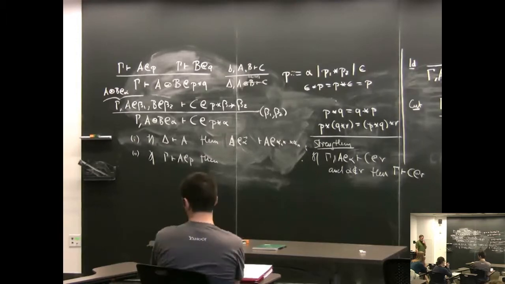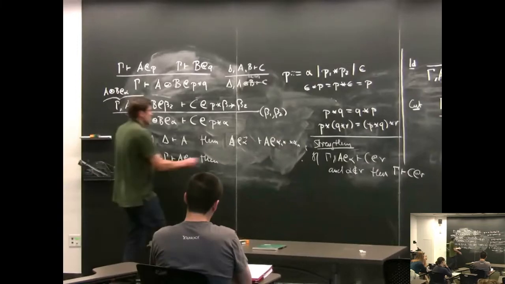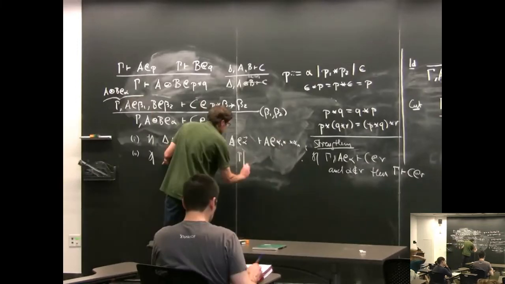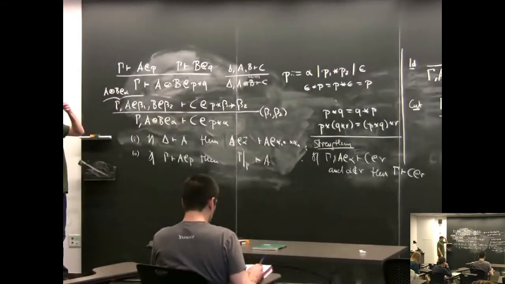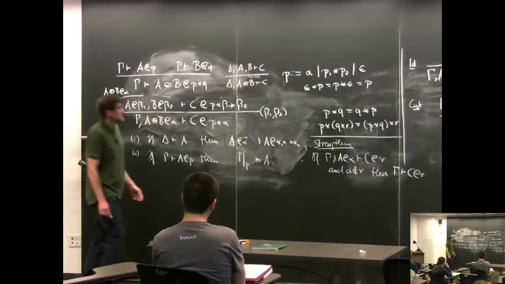We need to keep those assumptions that occur in P. So we take gamma and restrict it to P and use that to prove A at P. So we need to have defined this restriction operator.